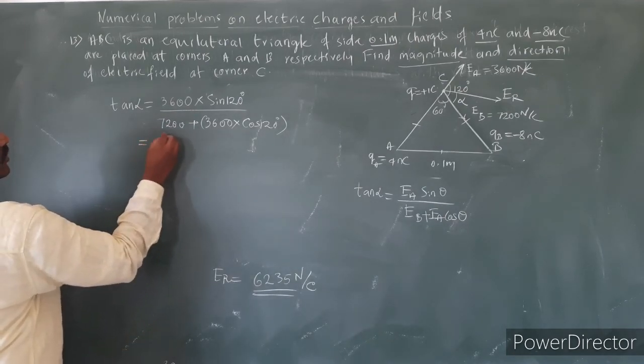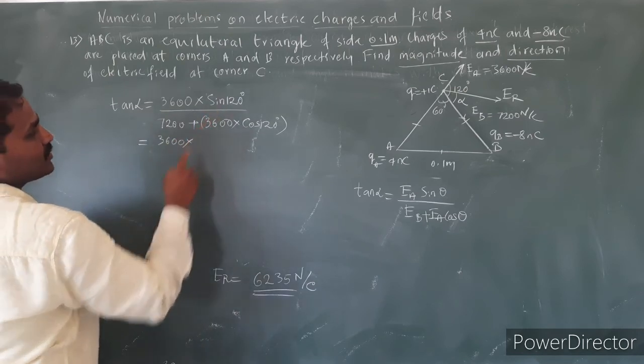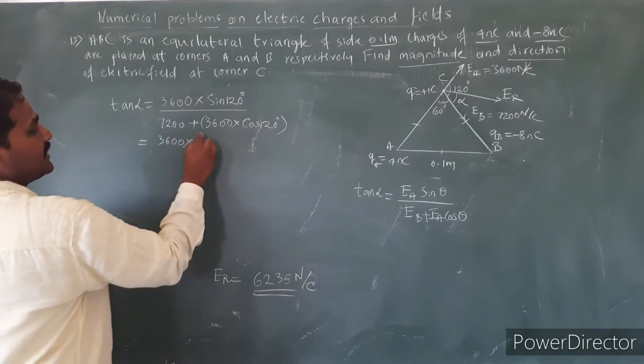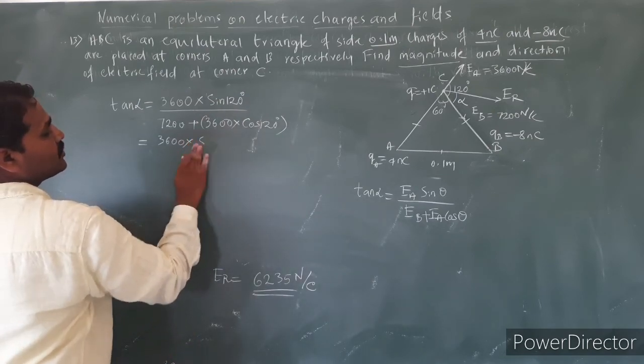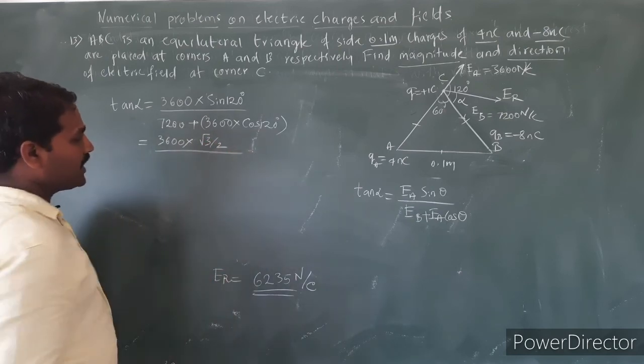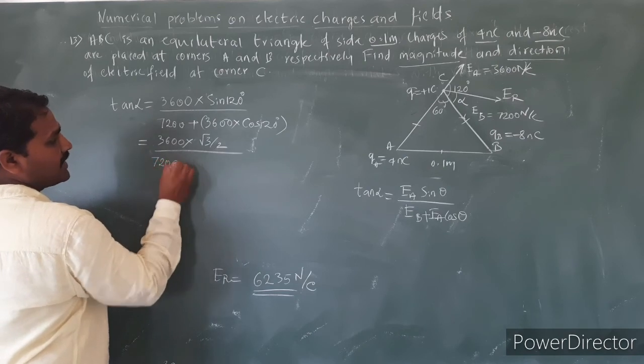So that is 3600 into sine 120 degrees, which is sine of 180 minus 60 degrees, that is equal to sine 60 degrees, which I can write as square root of 3 divided by 2, whole divided by 7200.